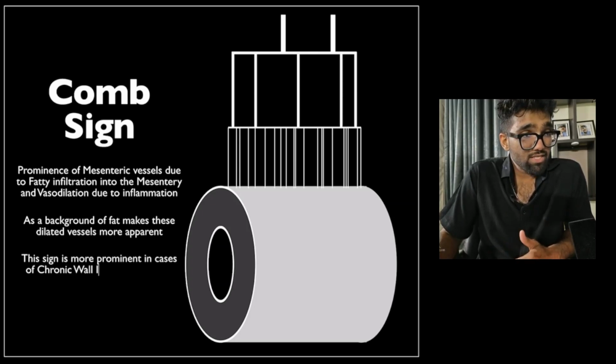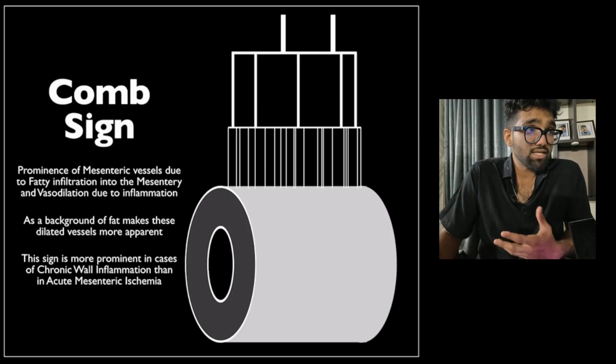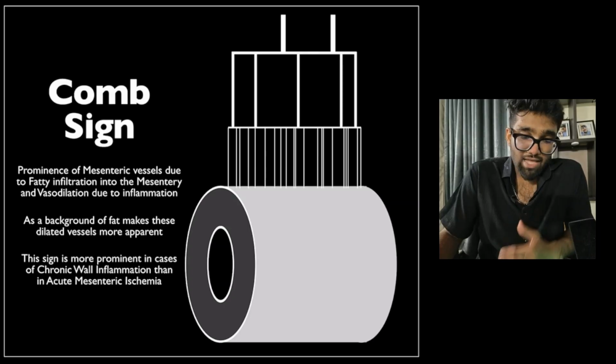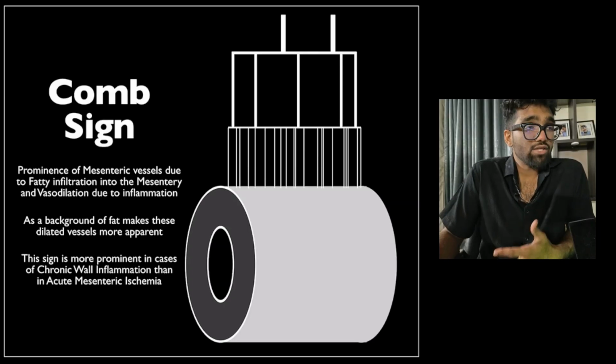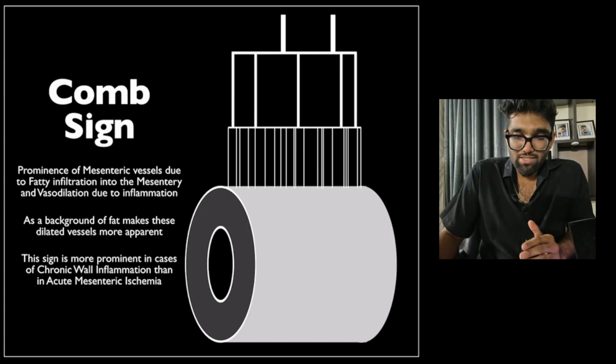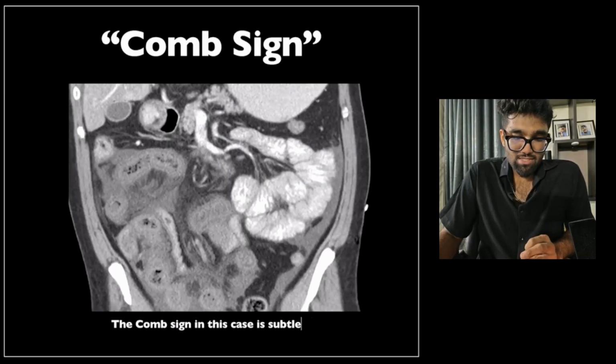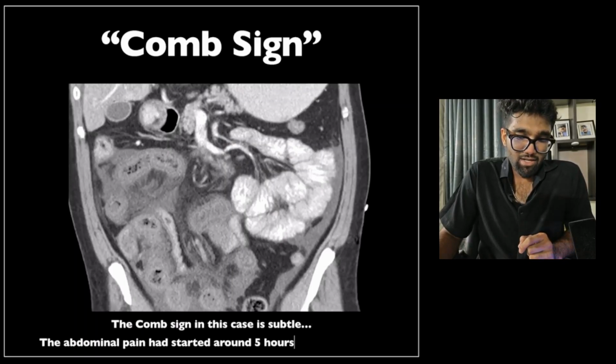Therefore, this is much more prominent and easily witnessed in cases of chronic wall inflammation, such as in Crohn's disease, rather than in acute mesenteric ischemia. So again, comb sign is not equal to mesenteric ischemia. Here we have a comb sign. The comb sign in this case is subtle, but the abdominal pain had started around 5 hours prior to imaging.